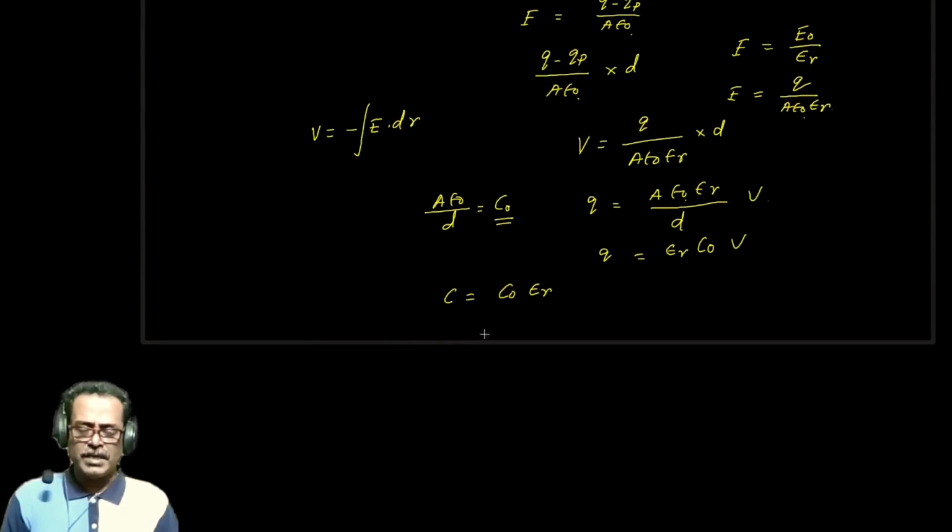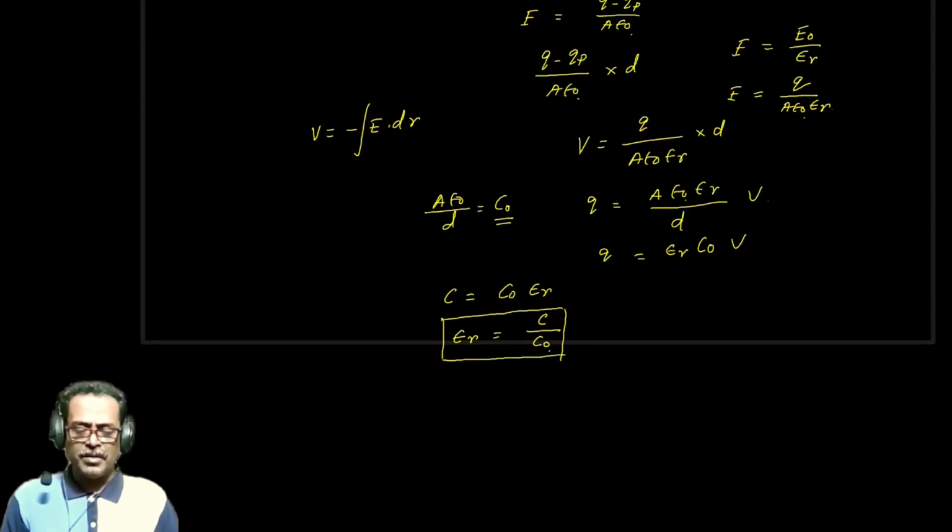So we can say that epsilon r can be defined as the ratio of C by C0. That means the capacitance of the capacitor when there is a dielectric slab divided by the capacitance of the capacitor when there is no medium between the two plates. This is the relative permittivity or dielectric constant.